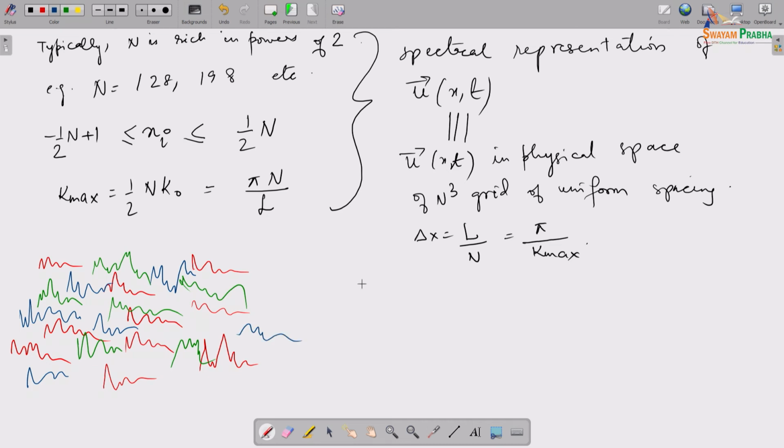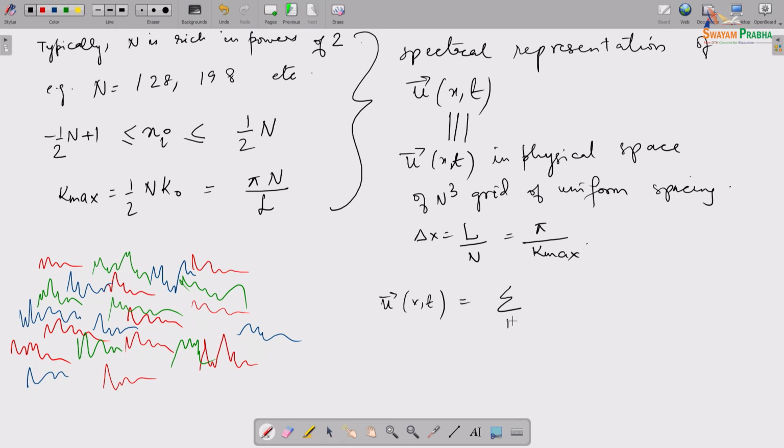And what did we say? That u at some location x, t, is equal to, so we sum up several of these waves. On what basis?